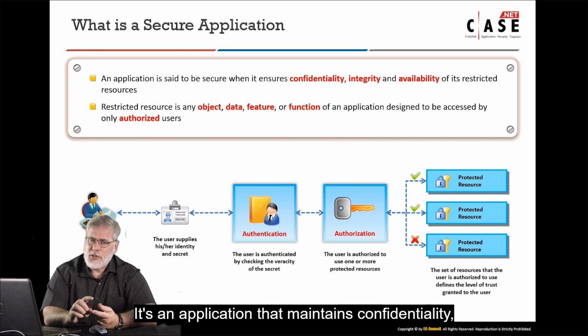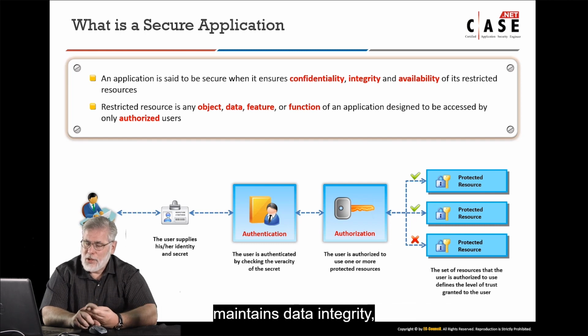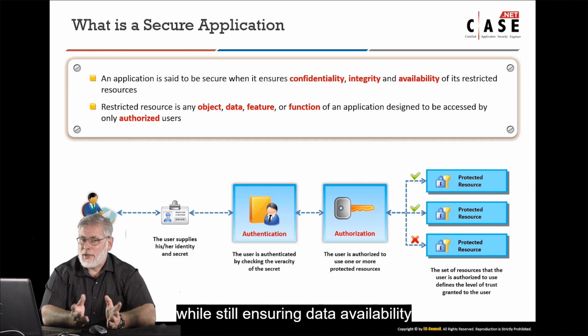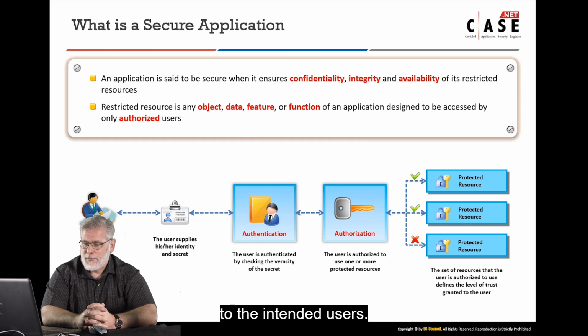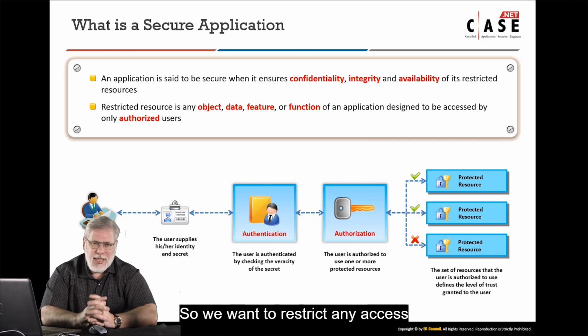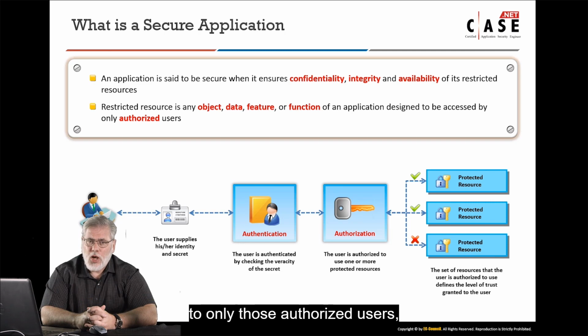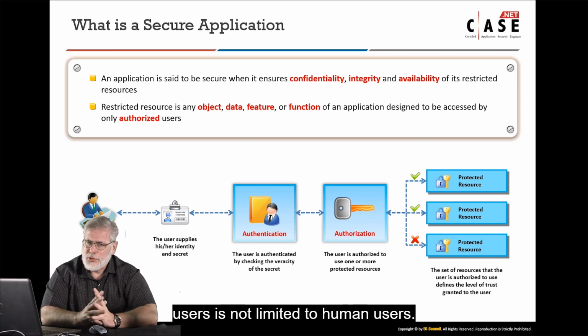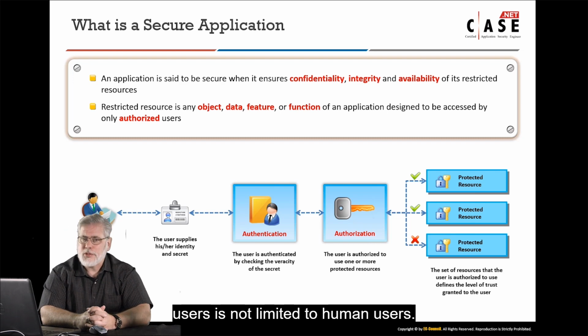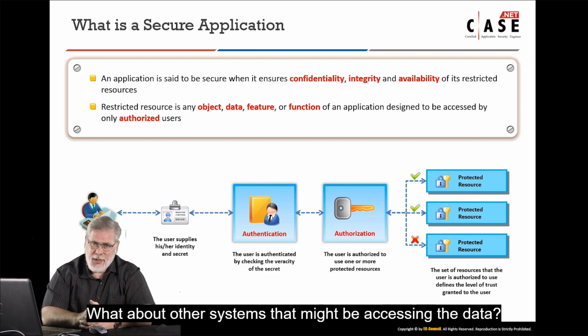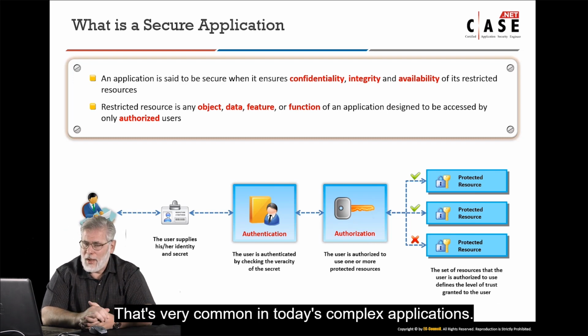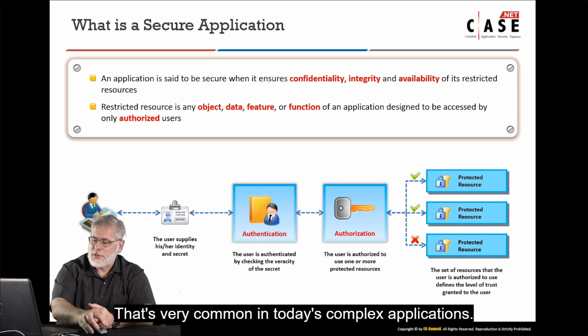It's an application that maintains confidentiality, maintains data integrity, while still ensuring data availability to the intended users. So we want to restrict any access to only those authorized users. And as you'll see throughout this course, users is not limited to human users. What about other systems that might be accessing the data? That's very common in today's complex applications.